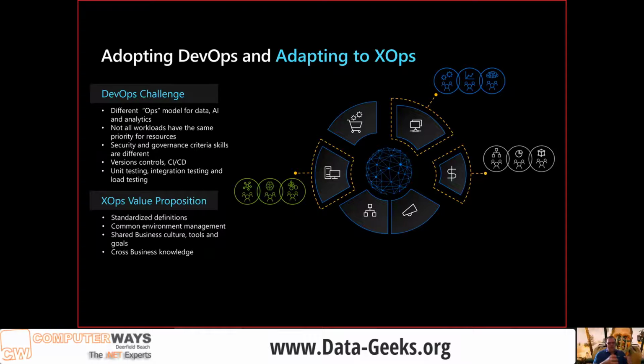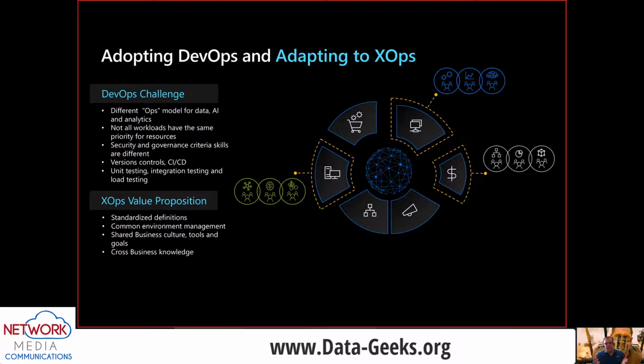Even though you might work with different technologies and tool sets, you still have the same shared business goals and the same shared definitions. This is the last pillar in the previous slide, right? We look at how we integrate and communicate, and then a final value proposition of the XOps patterns is cross-business knowledge.